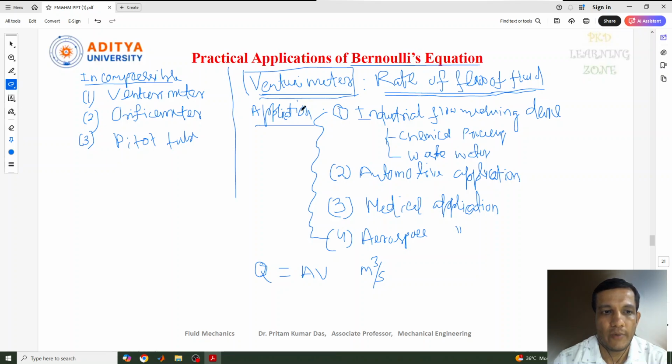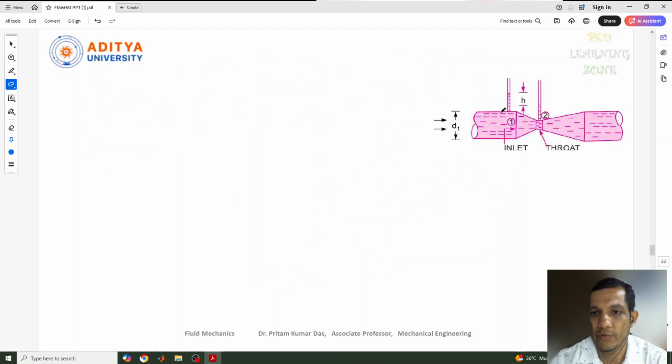Now let me show you this venturimeter. Yes, this is the venturimeter setup. It will be connected in a pipe, so that we can measure the rate of flow of the pipe.